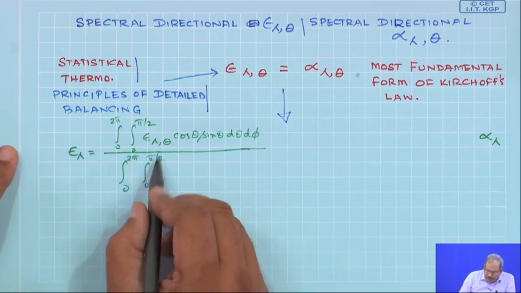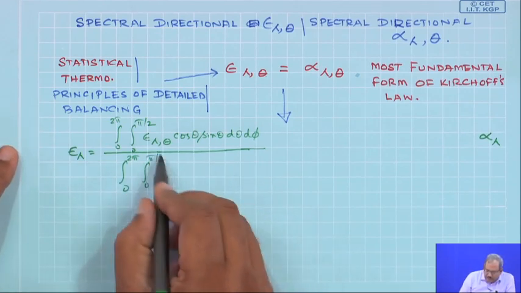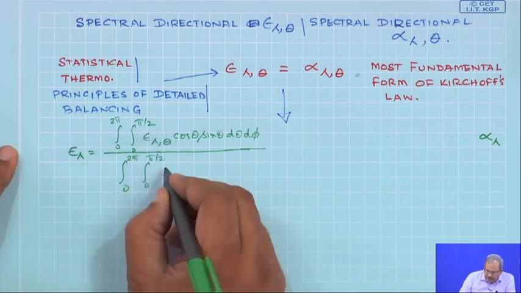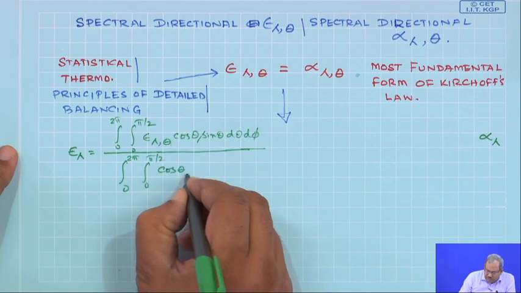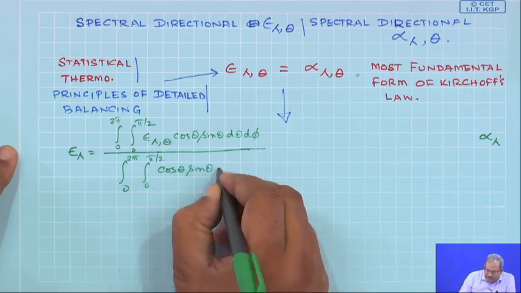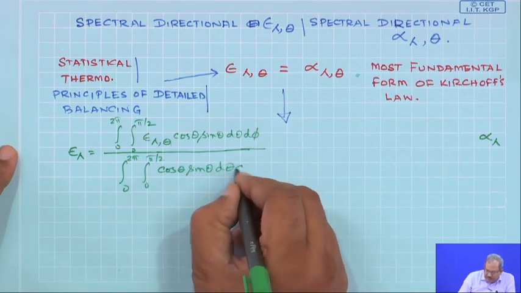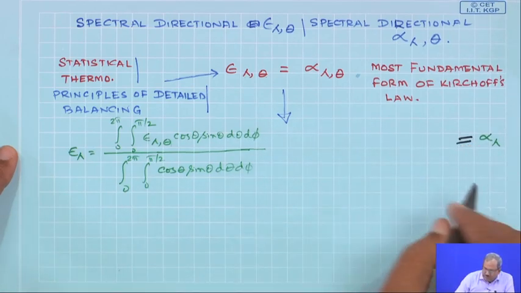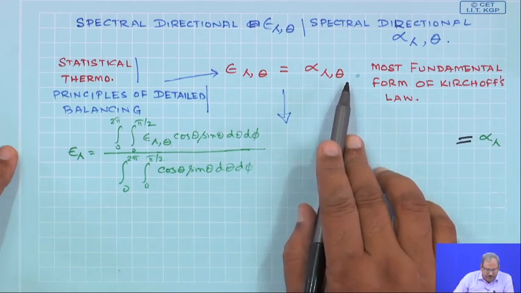This is for the black body, and for the black body the emissivity has a value equal to 1. So, what I will have then is cos theta, sin theta, d theta and d phi. This one is the directional one.